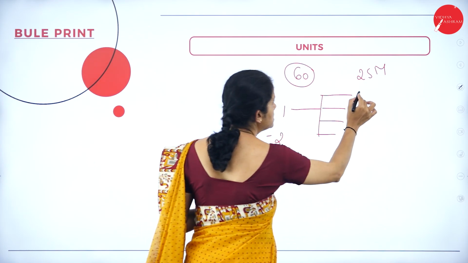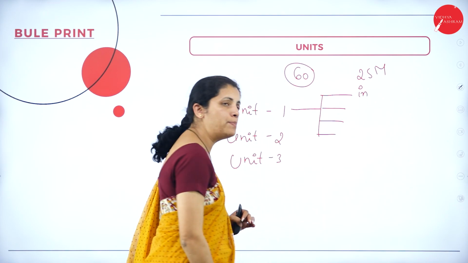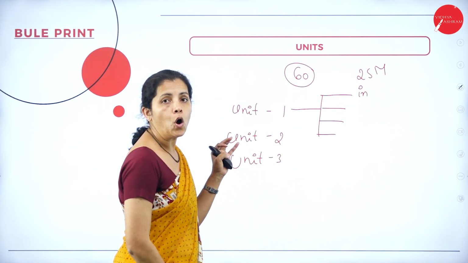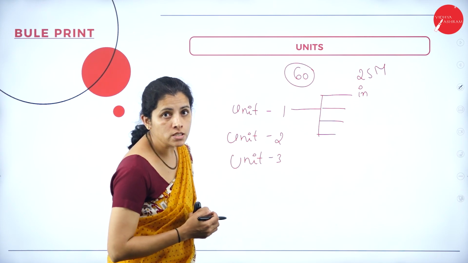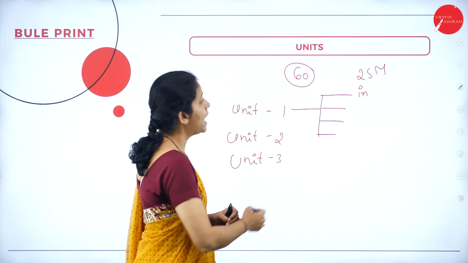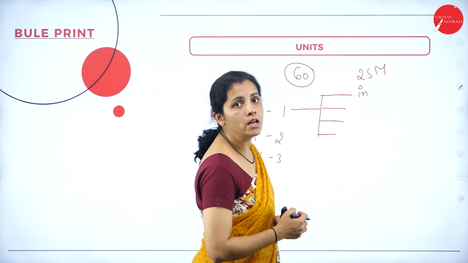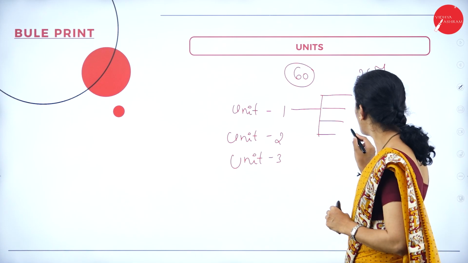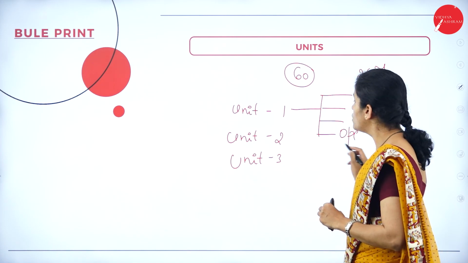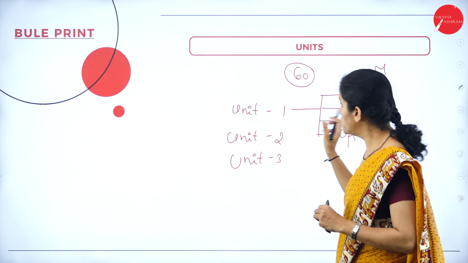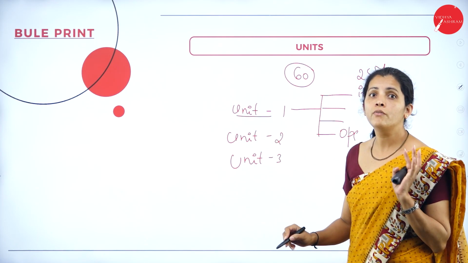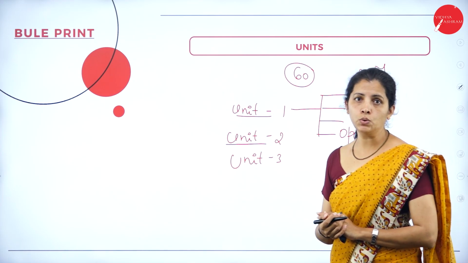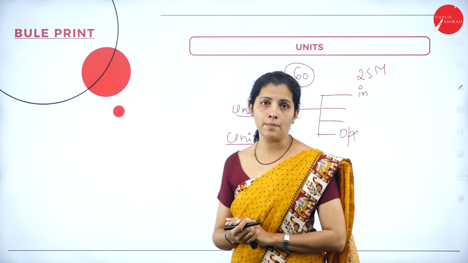One is introduction to C program, the second chapter is basic concepts of C program, the third chapter is input and output statements, and the last one is operators. So there are 4 chapters under unit 1. And unit 2 has 3 chapters.